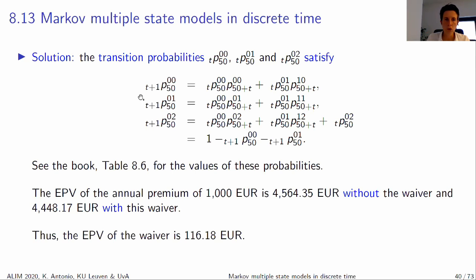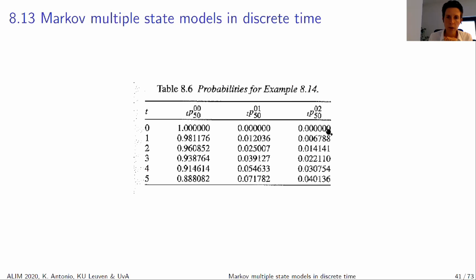Another reasoning that you can do is to say the probability here is just the complement of the other two probabilities, because I need to be somewhere at time t+1, either in state 0, state 1, or state 2. If you put that all together, you could go from the table with the 1-year transition probabilities to tables with multi-year transition probabilities.